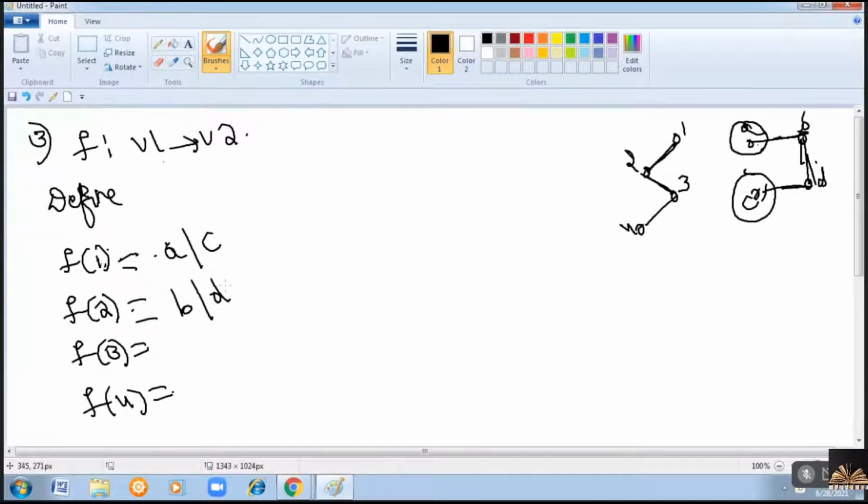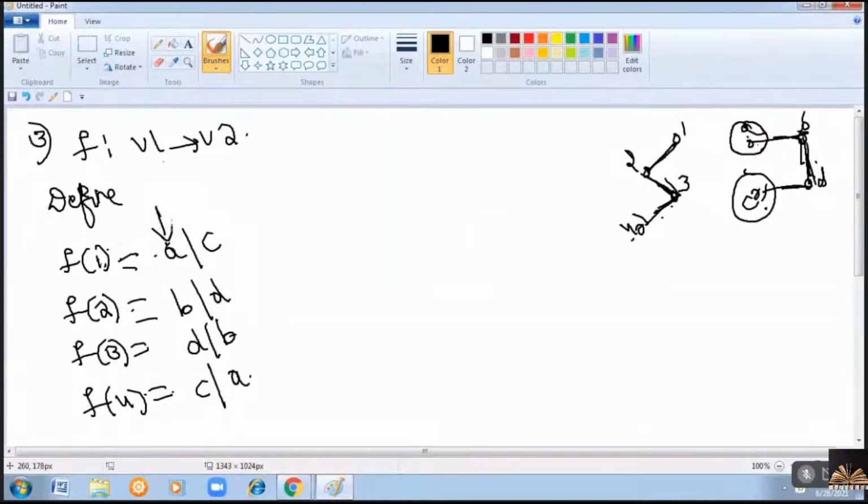So f of 2 can be either B or D. Similarly, f of 3. 3 also has a degree of 2. In the second graph, you have B and D with degree 2. So it can be either D or B. Now f of 4: the degree of 4 is 1. In the second graph, A and C have vertex degree 1. So it can be either C or A.